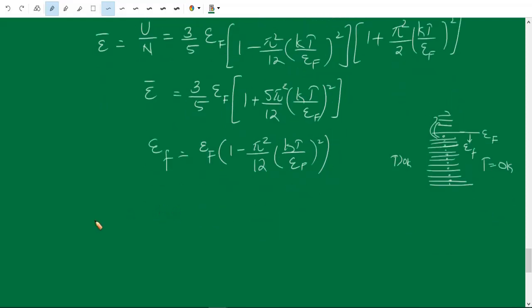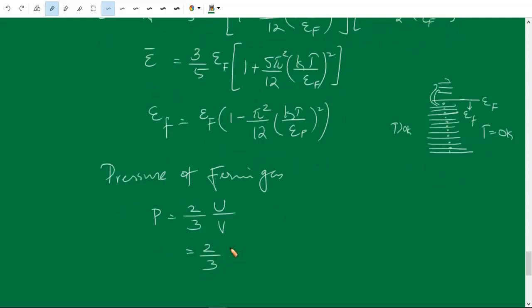Okay, now the pressure. Let's see the pressure of a Fermi gas at low temperature. Pressure of Fermi gas P is equal to 2/3 of energy density, which is given by 2 divided by 3 of U. We know U by N, so U is equal to 3 divided by 5 N EF into 1 plus 5 by 12 pi square kT by EF whole square.